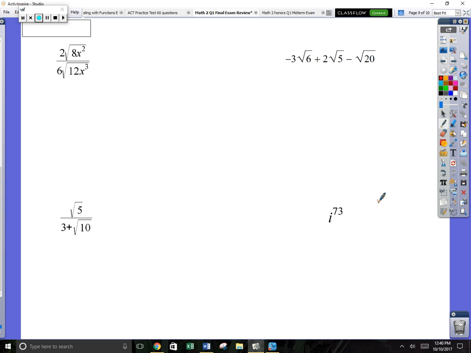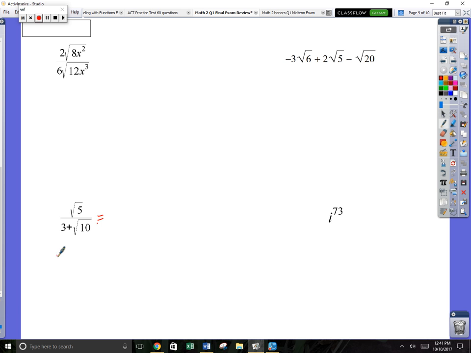Alright, now you got another division one, but this one's much more complex. You can't really change this. You're kind of dividing 5 by both of these terms. So on top you have just one monomial, and on bottom you got a binomial.